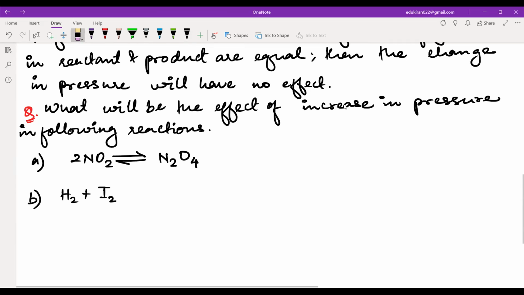So these all are gases. Let me also write the phases.